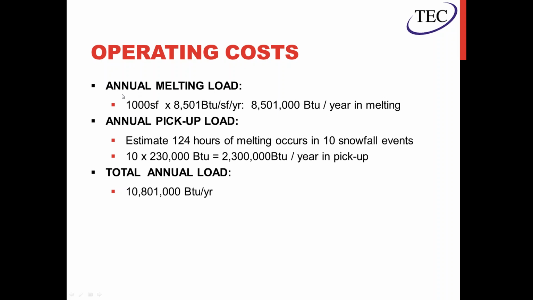So if we go and apply this to our melting load and our pickup, we're going to have basically 8.5 million BTUs and 2.3 million BTUs for the pickup load, giving us a total annual load of just over 10 million BTUs.